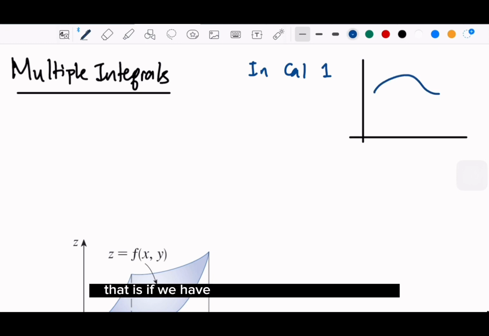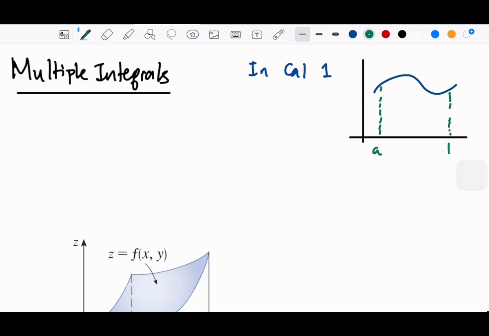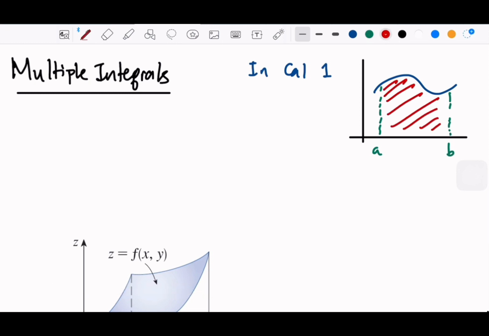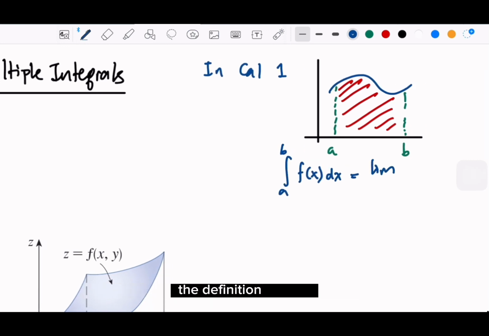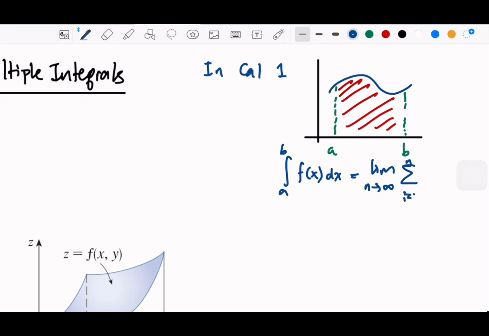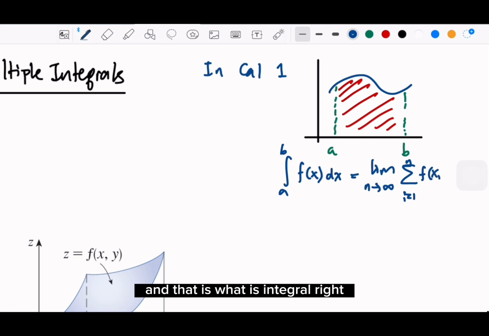That is, if we have a curve like that, and we want to evaluate from A to B, then we define the integral as the area under the curve, right? So we define that the area under the curve is simply the definition by limit, and we take our approach to slice the area, right? Small pieces by pieces, and then adding all together, and that is what integral is, right?